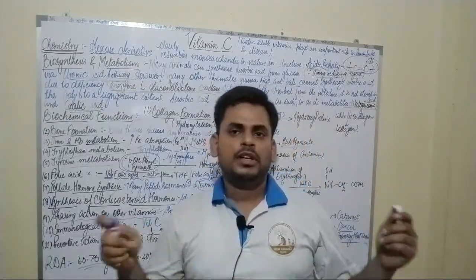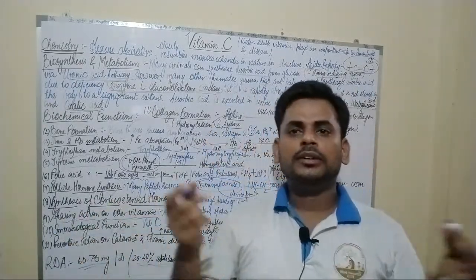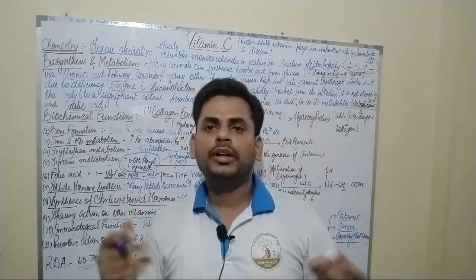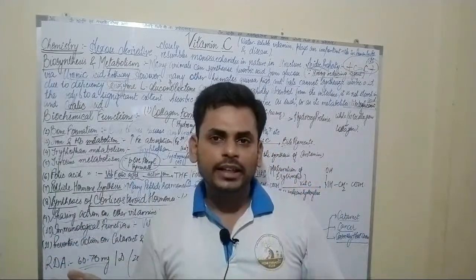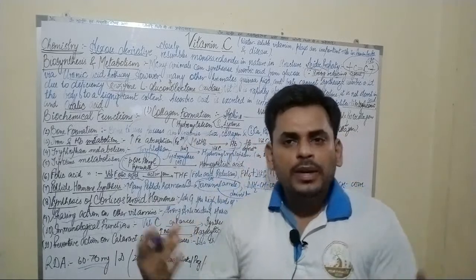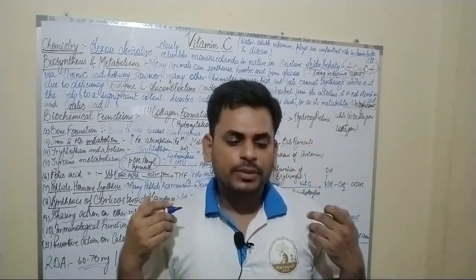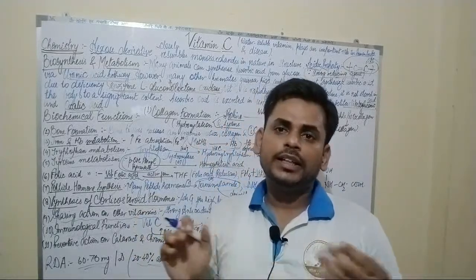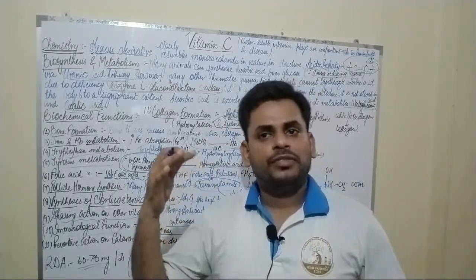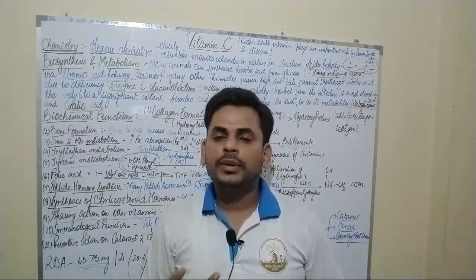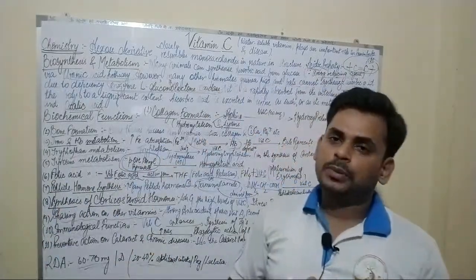These are all associated things directly or indirectly linked to the impairment in collagen production. So there can be frequent hemorrhages, and since bone has collagen as an ingredient, if vitamin C deficiency is there, there will be no mature collagen within the bone, that can lead to osteoporosis as well.